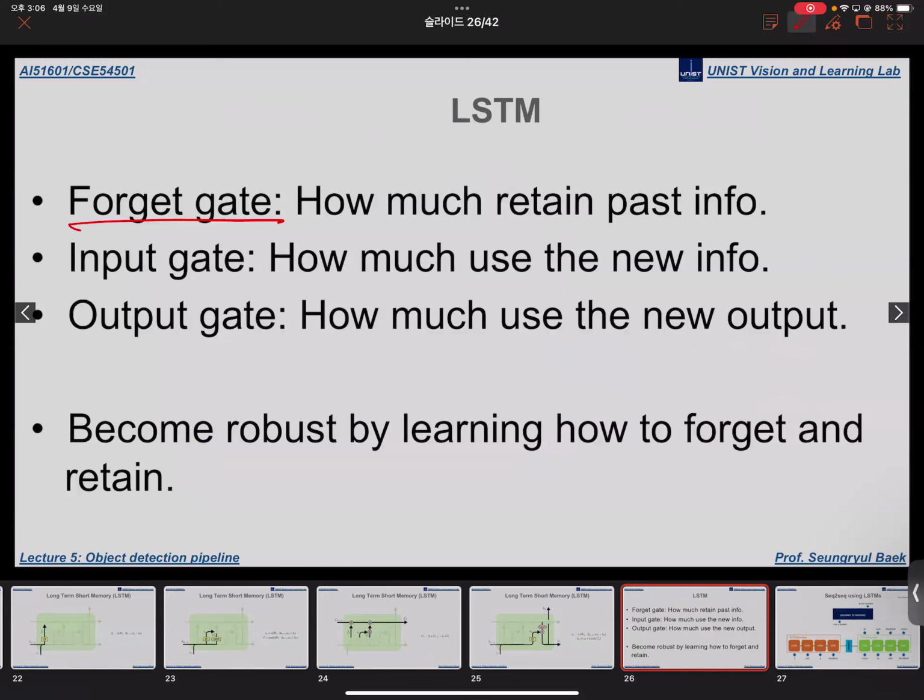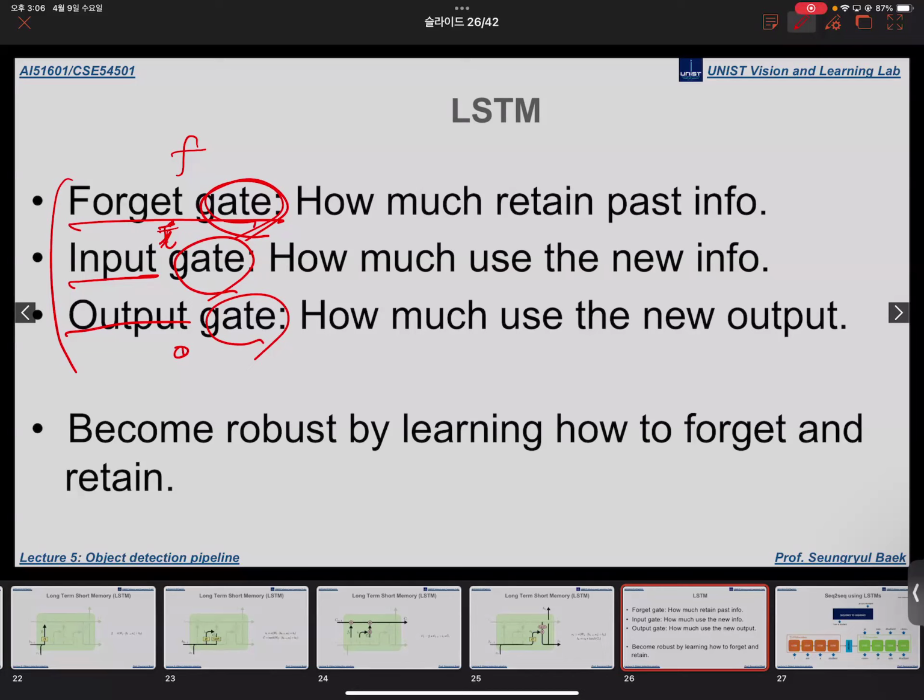The forget bit is sometimes called a gate. So this is the forget gate, F. The input bit, not information bit, is the I bit, and there is the output gate, denoted as O. These intermediate gates control how much information we will retain, use, or forget from the previous input and the current input.